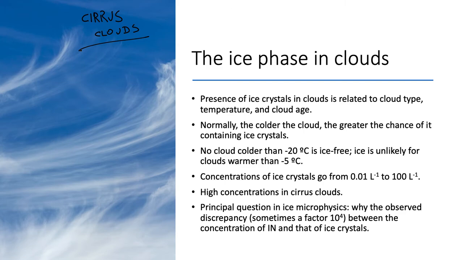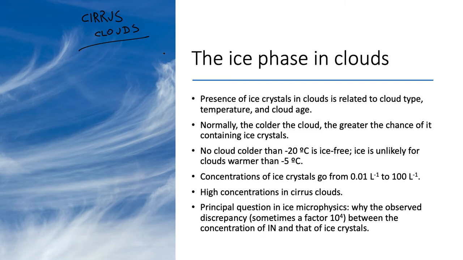But when you go to temperatures colder than minus 20 degrees, then you're guaranteed to have clouds everywhere. When you are warmer than minus 5 degrees Celsius, it's unlikely that there are any clouds. The concentration of ice crystals varies from cloud to cloud and cloud type to cloud type, and it can go from 100 per liter to 0.01 per liter.